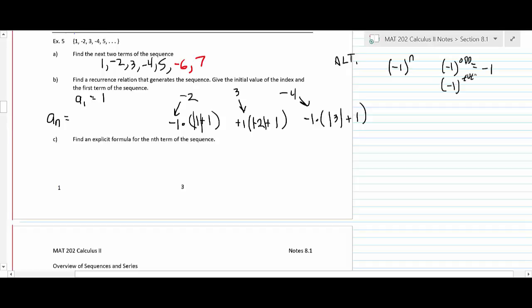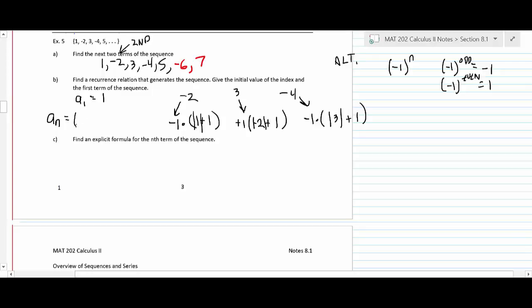You get 1, right? So it's the power that causes it to alternate. Notice when we're on the second term, we want that thing right there to be a negative number. So we're going to need some sort of an odd power on that.